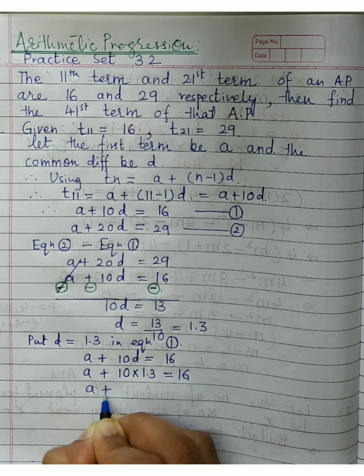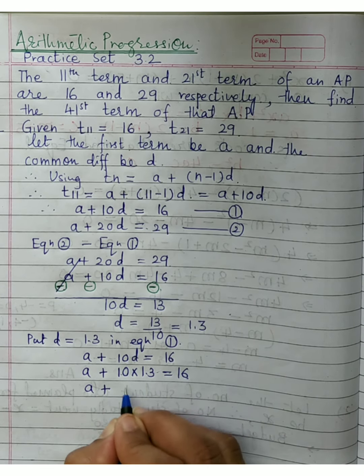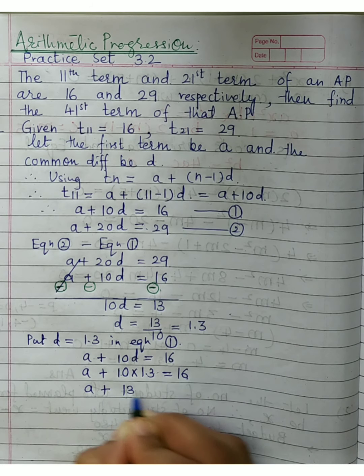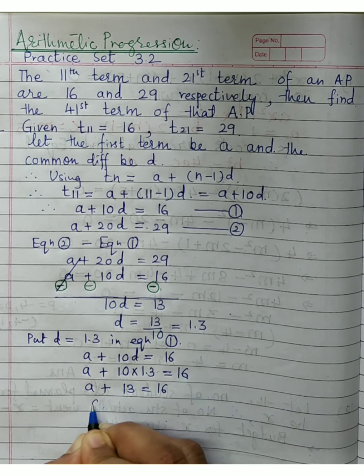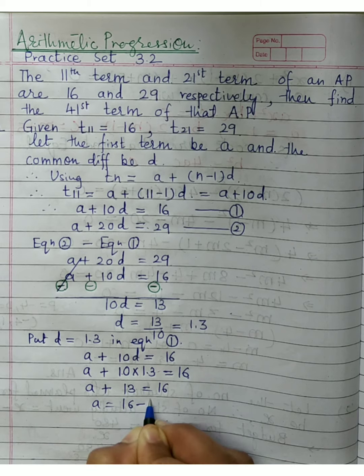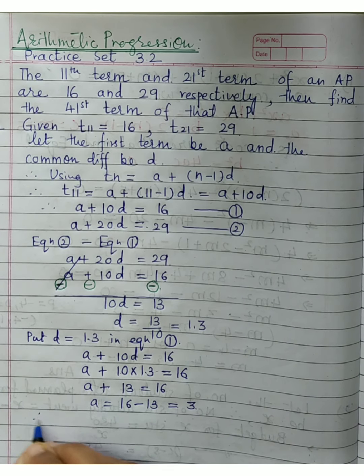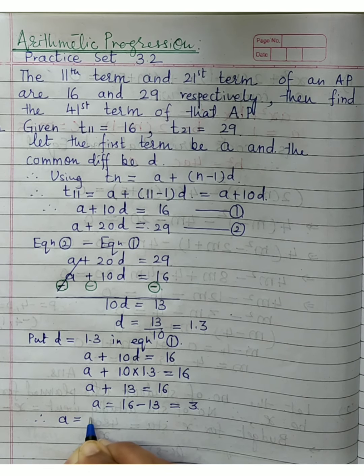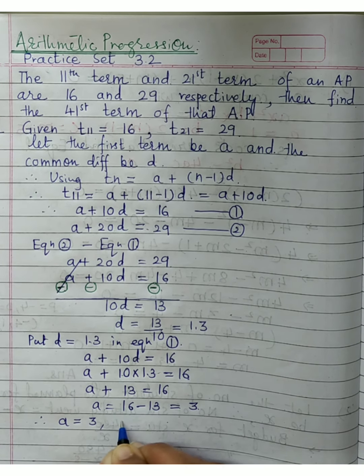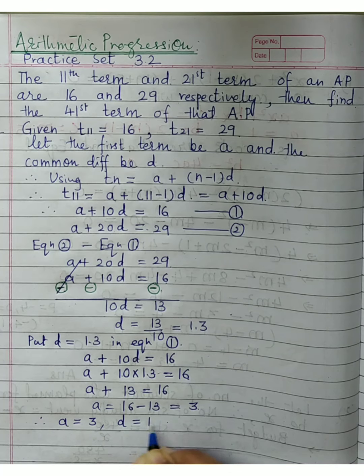That is A plus 13, decimal shifting to the right. So A is equal to 16 minus 13, that is 3. So now we have found the first term is 3 and the common difference is 1.3.